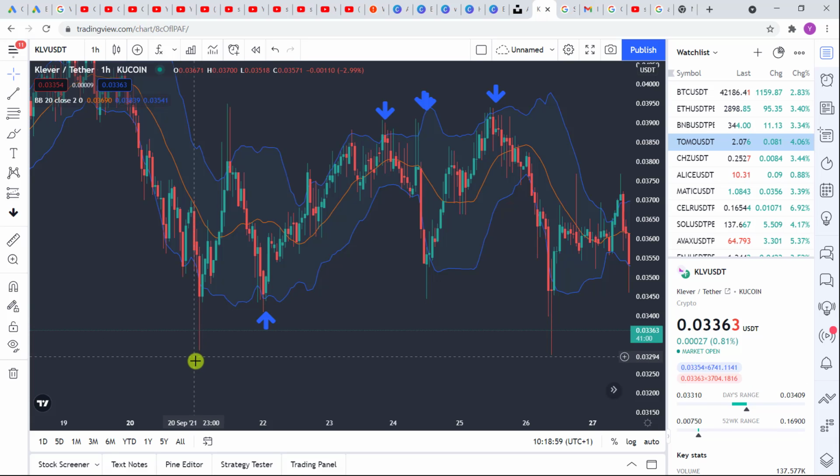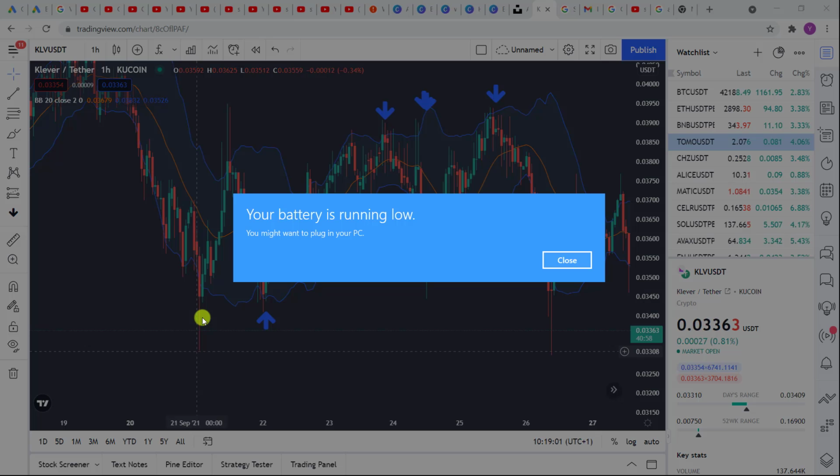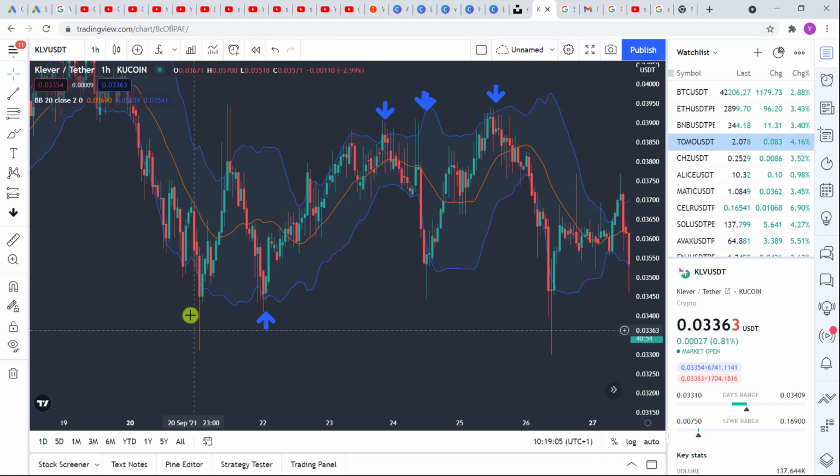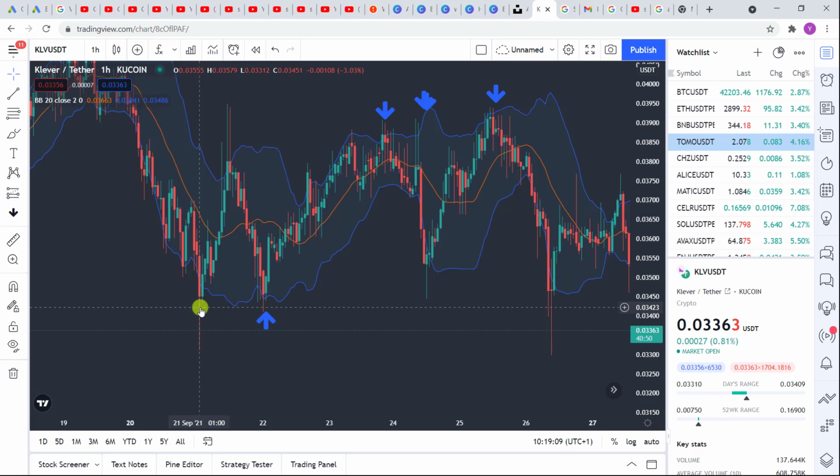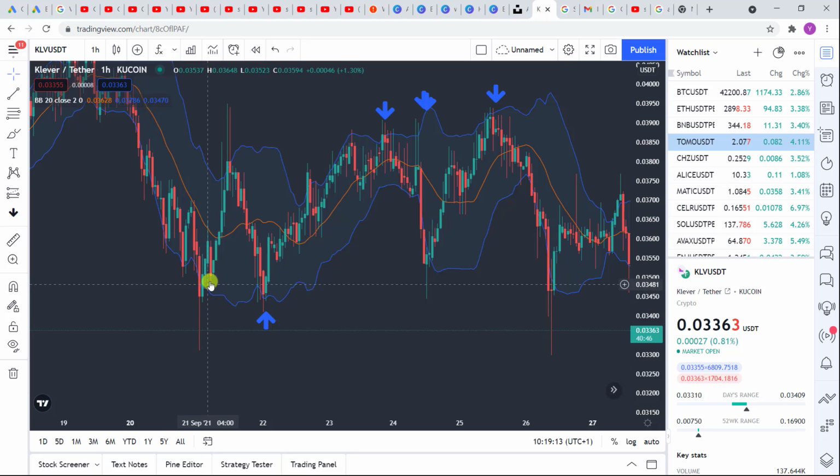And from this long wick again, we can see that there is a lot of buying pressure at this particular point. From here, we have this, which is trying to let us know that the market is recovering. So with this bullish engulfing, we can go long. Then we just do the reversal of this for our short strategy.